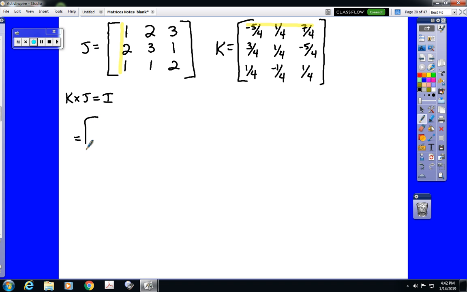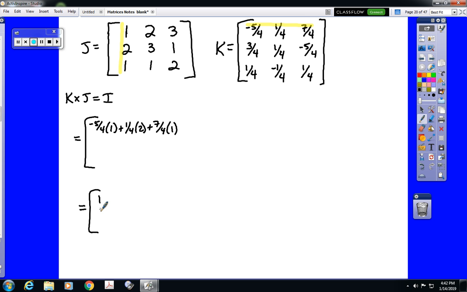So that first entry would be -5/4 times 1 plus 1/4 times 2 plus 7/4 times 1. And that has to equal 1. -5/4 plus 2/4 is -3/4 plus 7/4 is 4/4, which is 1.